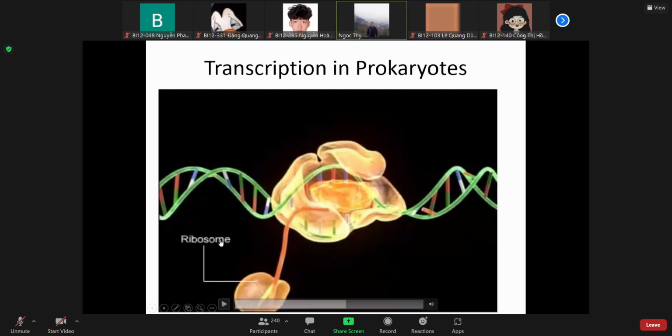So this is a continuous process: transcription and translation happen at the same time.